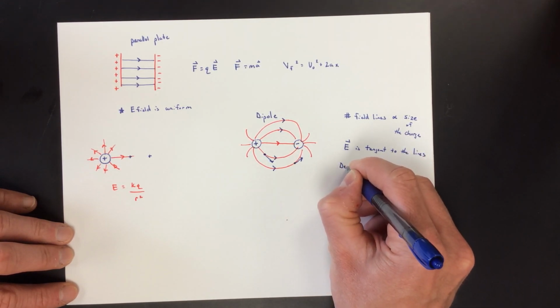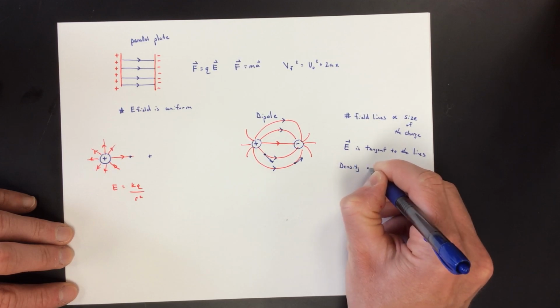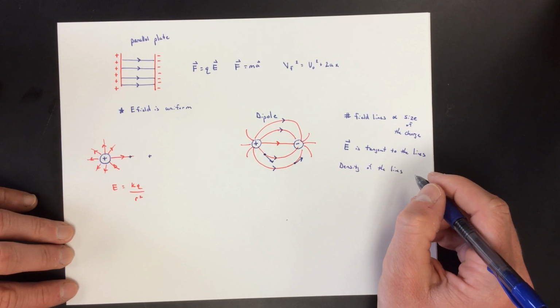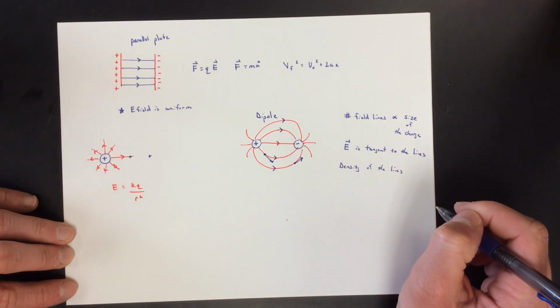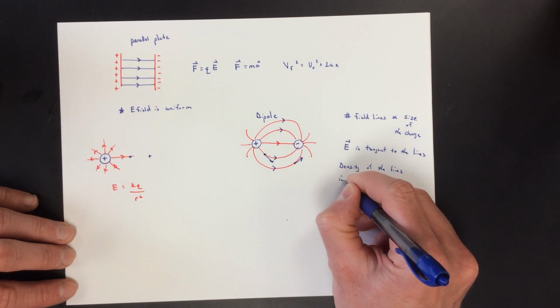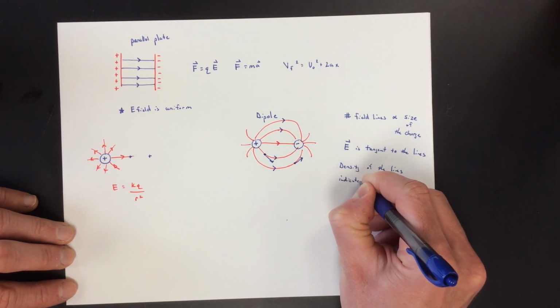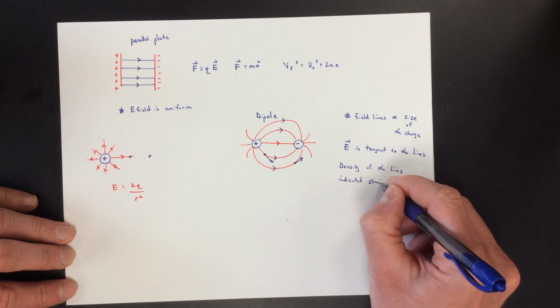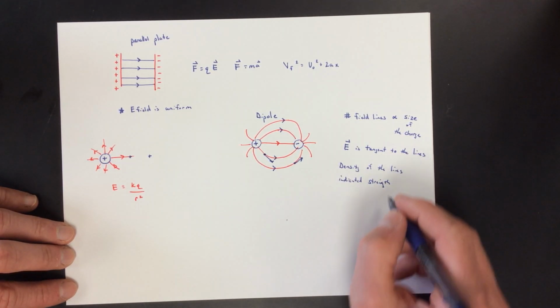And the density of the lines can tell you then the strength of the E field as well. Indicates strength of the field.